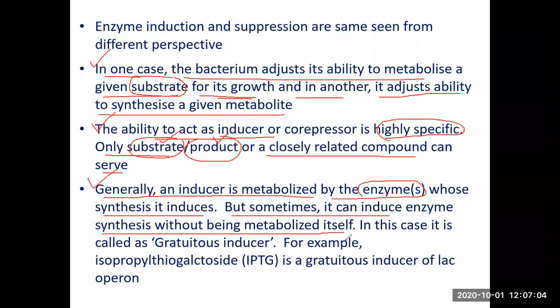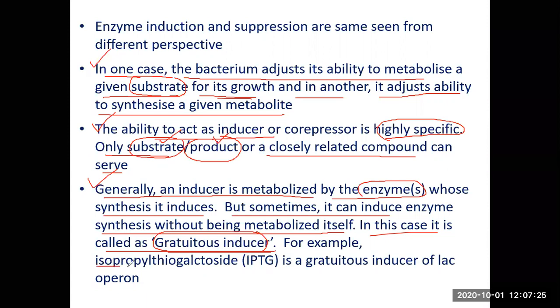In this case, it is called a gratuitous inducer. Please understand and remember, memorize this. In the majority of cases, the inducer gets metabolized, but in some cases, though it induces the synthesis, it doesn't get metabolized.